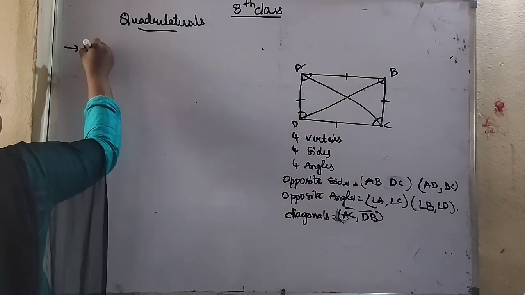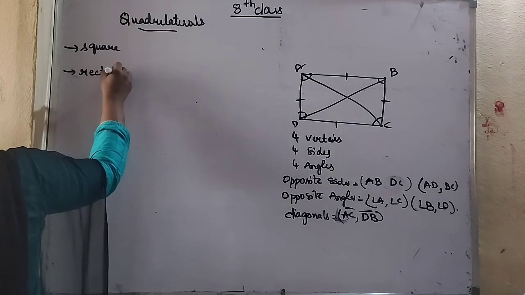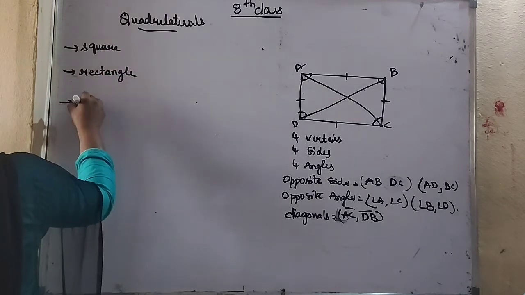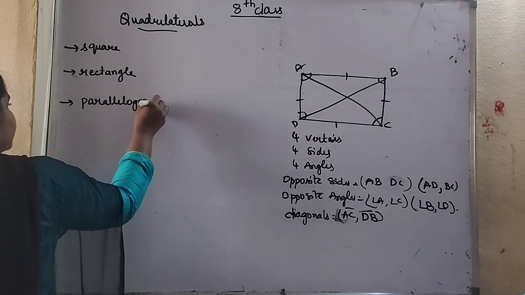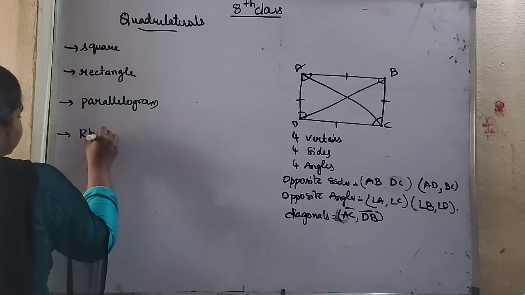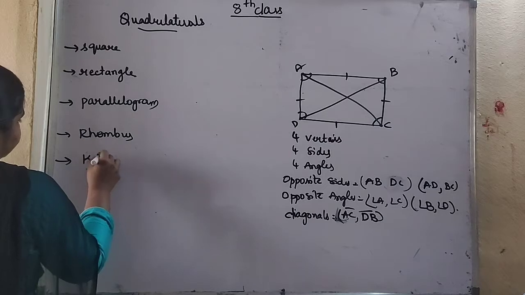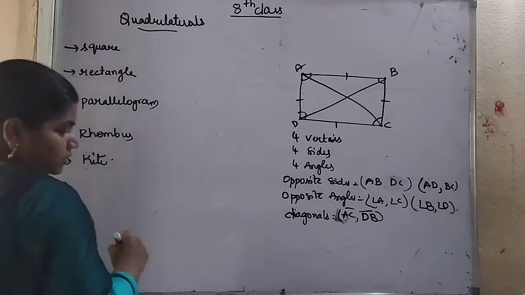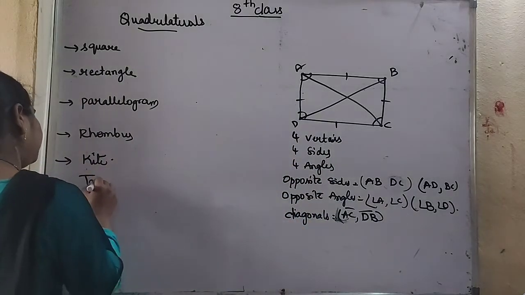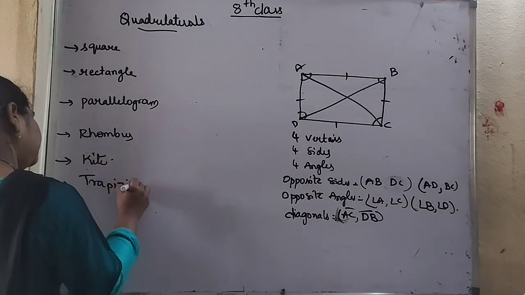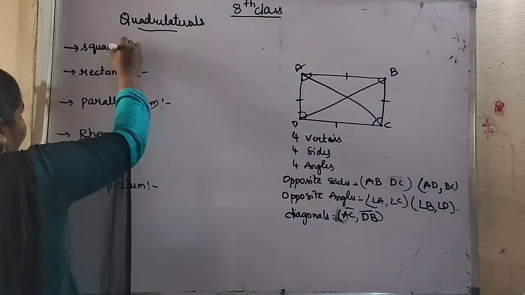First one is square, second rectangle, third parallelogram, fourth rhombus, fifth kite, sixth is trapezium. So these are the 6 different types of quadrilaterals.